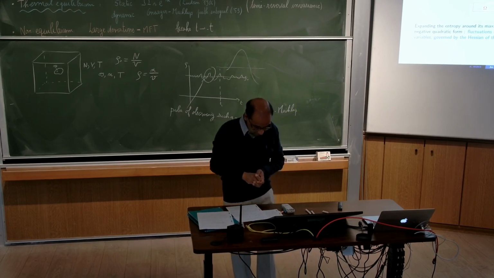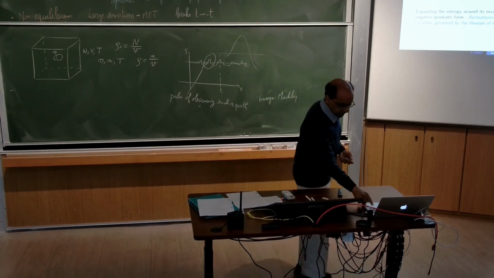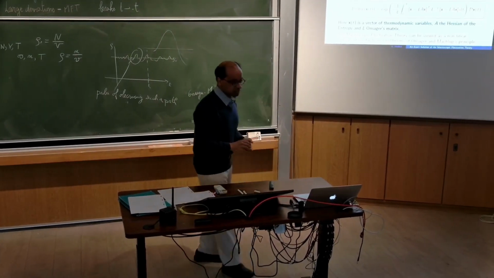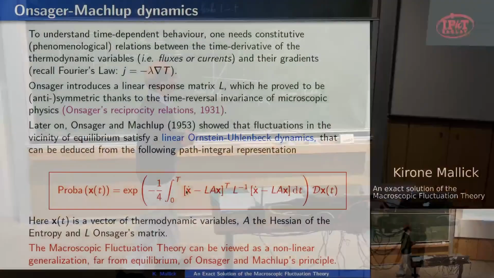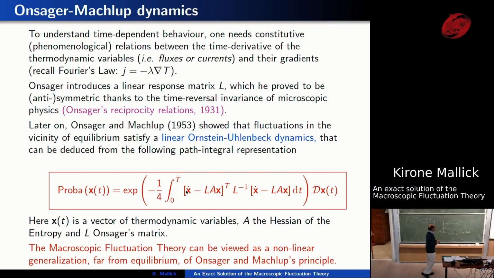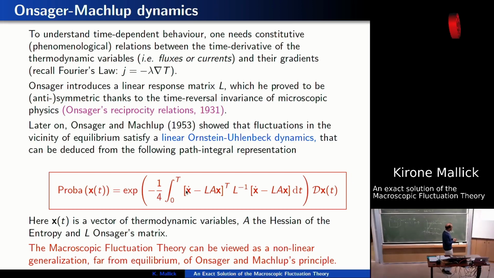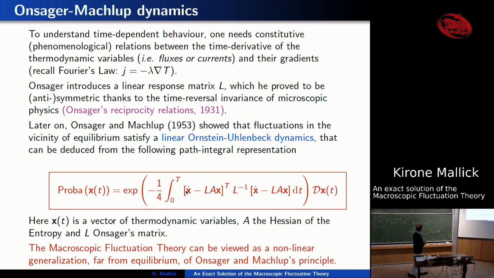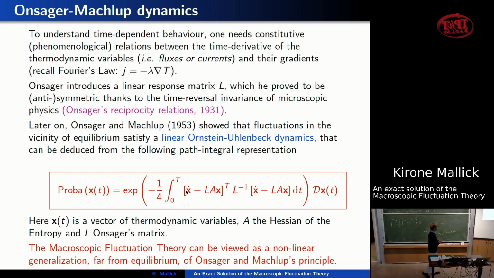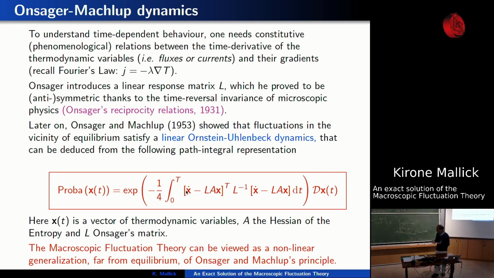Okay, so this is equilibrium, and to do a more complete theory at equilibrium, you need to invoke quite a few things. First of all, you have to express how things vary with time.